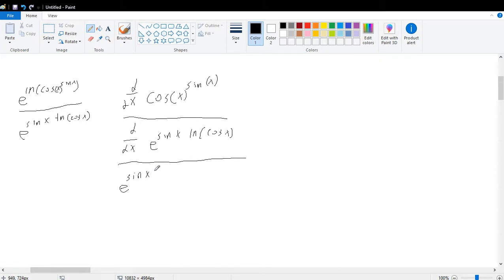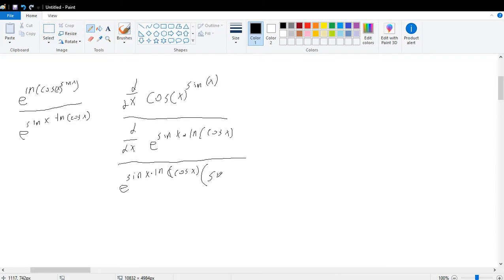Sine of x ln cosine of x. Then the next step in the chain rule is to multiply by the derivative of the exponent here. And of course the exponent is a product of functions, so we're using the product rule, and this e to all that is being multiplied by the quantity of it.